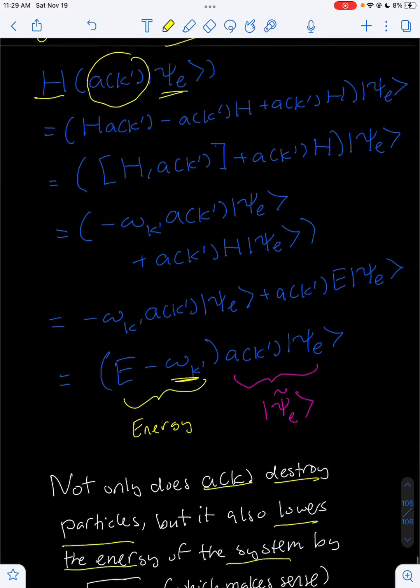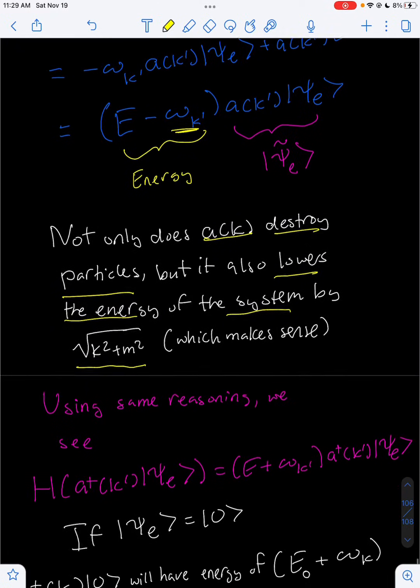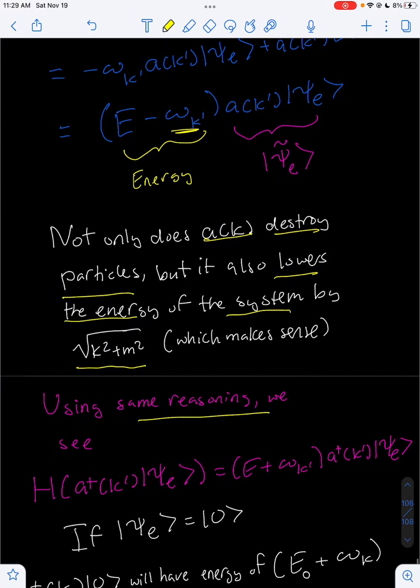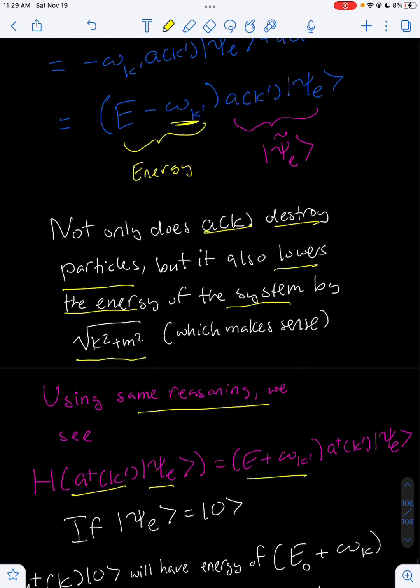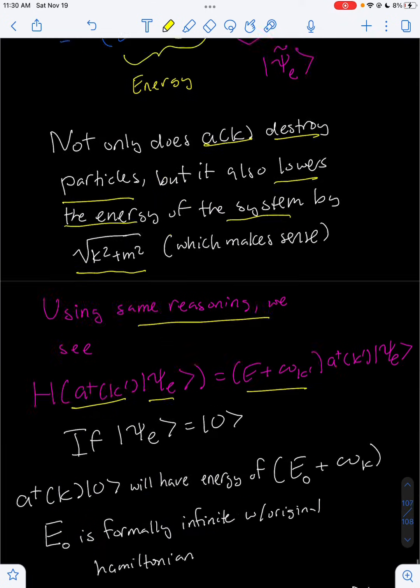So what happens when we add a particle in our system? Well, using the same reasoning, we can find out that when we add a particle in our system, the energy will increase by omega k prime, which also makes sense.